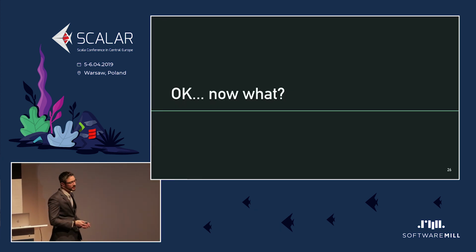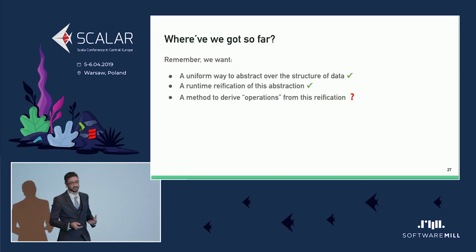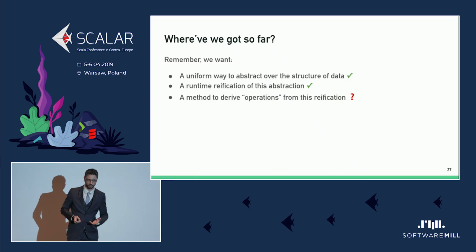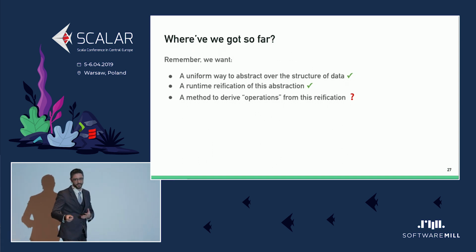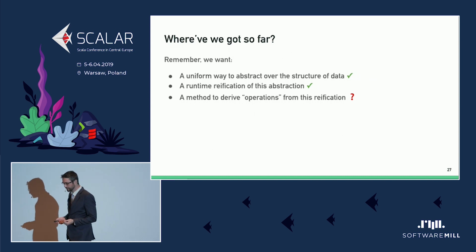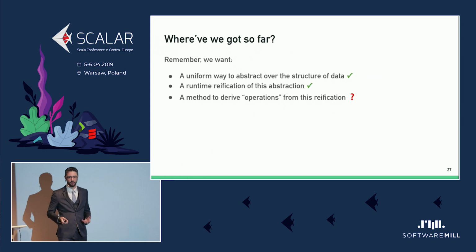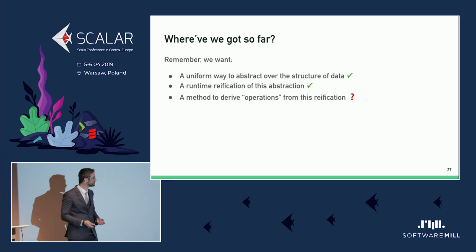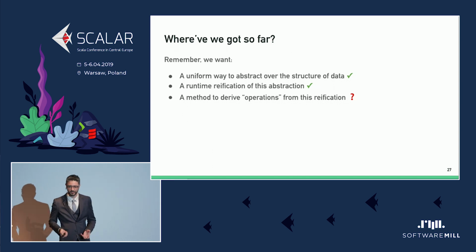OK, so now what? We weren't talking about schemas. We were talking about the evolution problem. But before going into the evolution problem, I need to convince you how schemas can be useful. So the last thing we need to do with schema is to come up with a way to use them. And the idea is to use them to derive some operations.